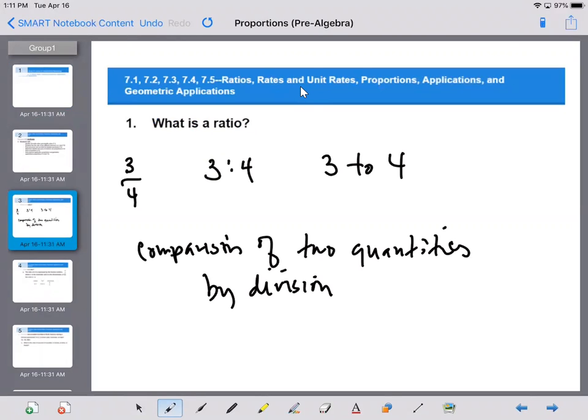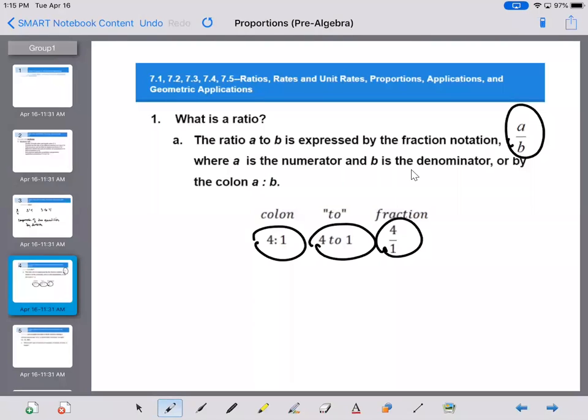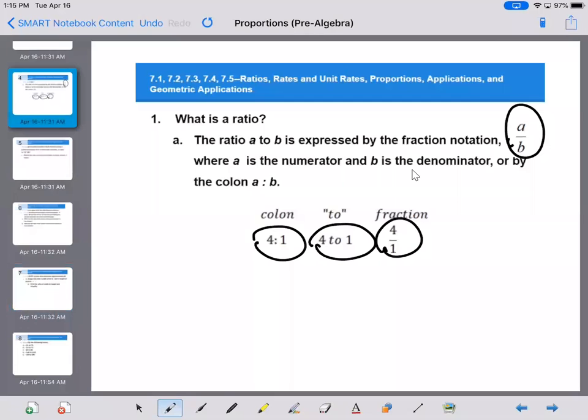So then we're looking at comparing A to B, for example. We're looking at 4:1 using the colon, or 4 to 1, or 4/1 using a fraction. So those are ways that you can write different ratios in different forms.